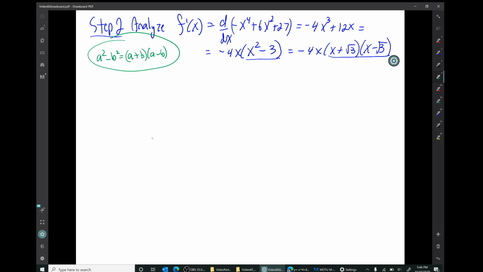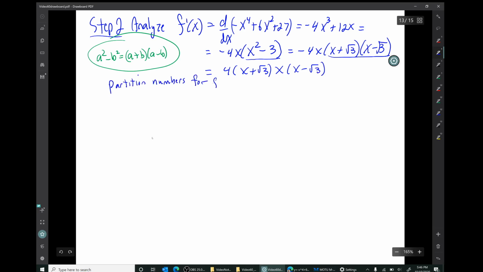Now, I'm going to rewrite this factorization in a different order, because I want to have the factors in the same order as the corresponding partition numbers. So we get these three partition numbers. This partition number corresponds to that factor.